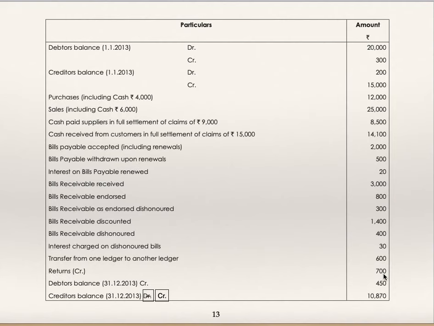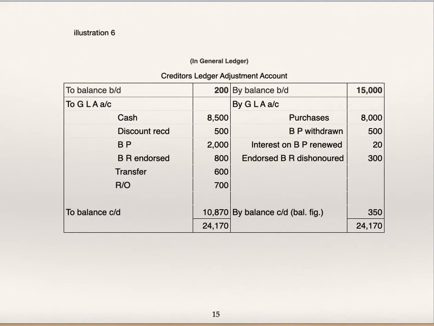Sales have credit balance, sales return debit balance. Purchases debit balance, purchase return credit balance. So this 700 return credit, that means these are purchase returns. So you will find it in creditors account. Return outward 700.